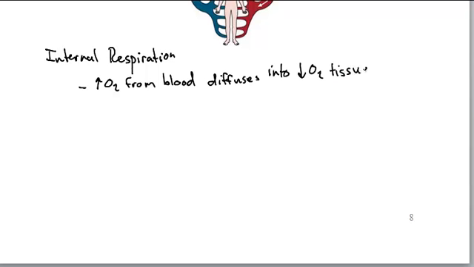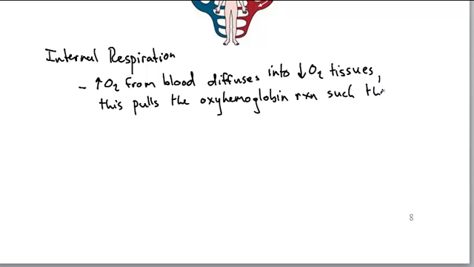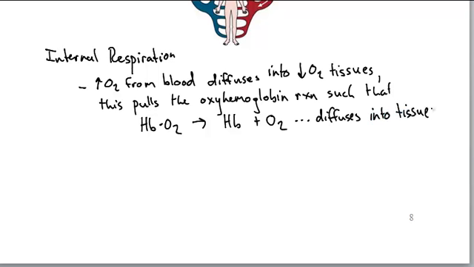This will drop your O2 levels in the plasma, and basically this pulls the oxyhemoglobin reaction such that the bound hemoglobin will release and become hemoglobin plus O2, and that free O2 is then free to diffuse into the tissues, because it's higher than what's found in the tissues.